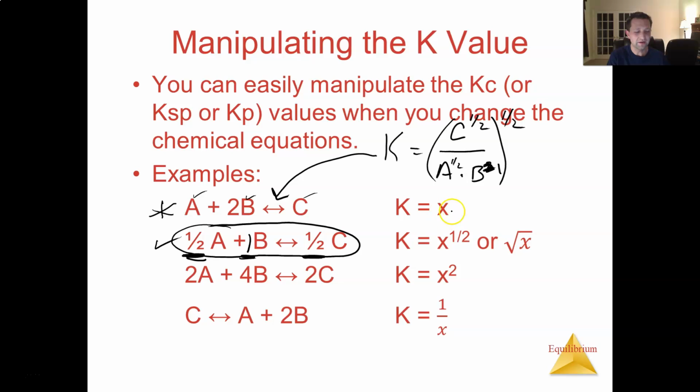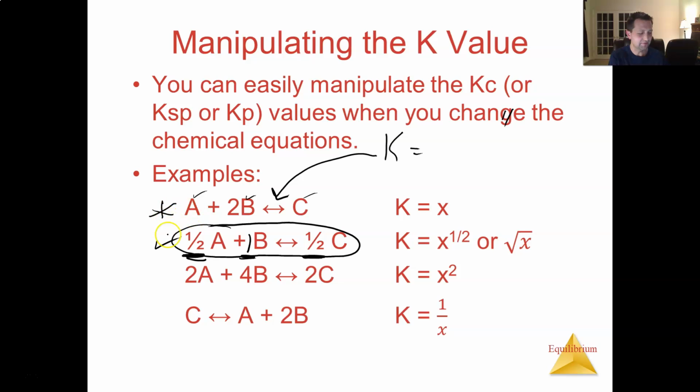So whatever your K value was, say it was 0.02, just take 0.02 to the 1/2, or the square root of it, because something to the 1/2 power is the same as the square root of that thing. So if you multiply all of it by 1/2, all you got to do is take the square root of your K value.